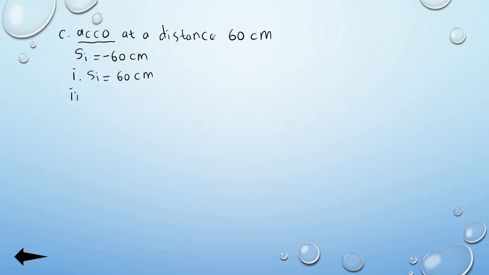In question II, we are asked to calculate the distance from the object to the lens. It is called SO.